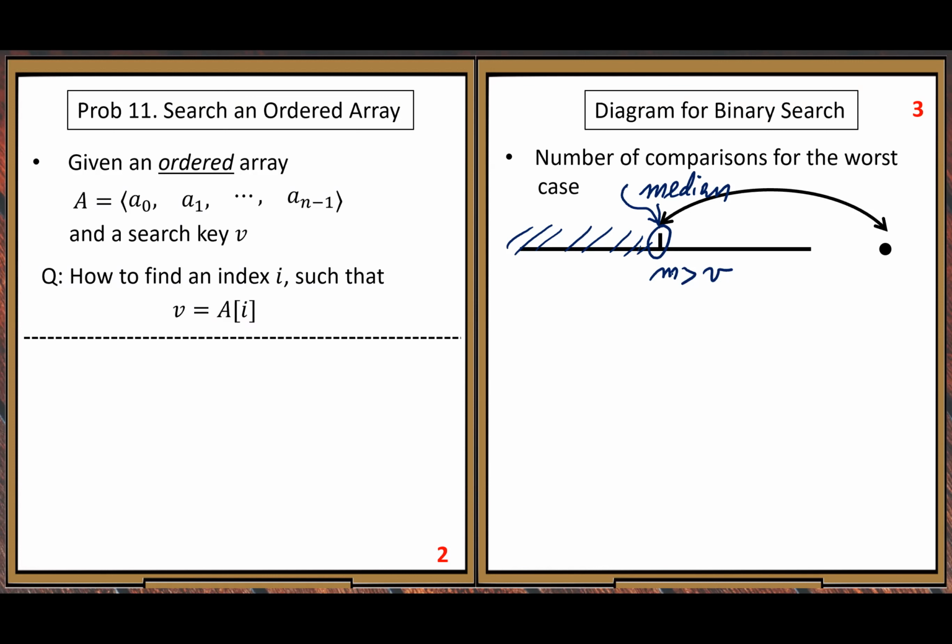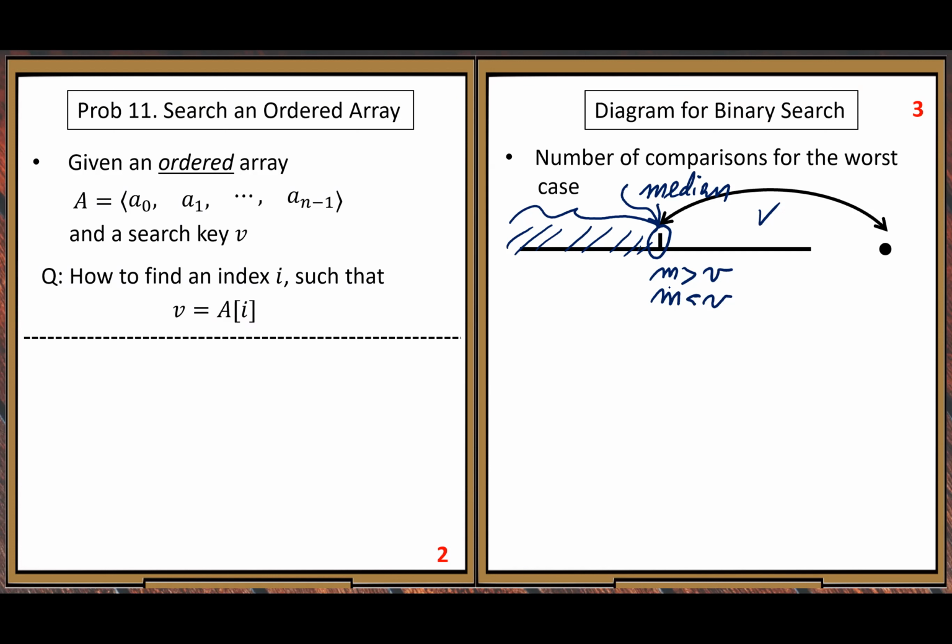So we only consider M greater than V. If M is greater than V, you can drop the whole left half subarray containing the median. So you only need to consider the right subarray, excluding the median. Similarly, if M is less than V, you can drop the right half of the subarray.